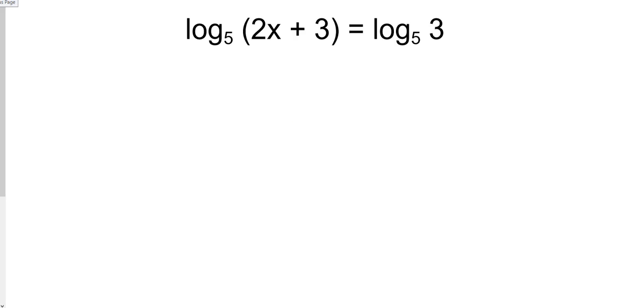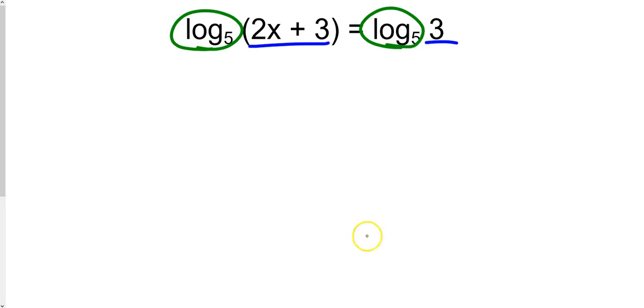Another logarithm. Now, this is what I was talking about a couple minutes ago. See how both of these sides have a log base 5, a log base 5. If you have both sides equal to the same log, then all we have to do is take their x components and they must equal each other. They must be the same. So 2x plus 3 must equal 3.